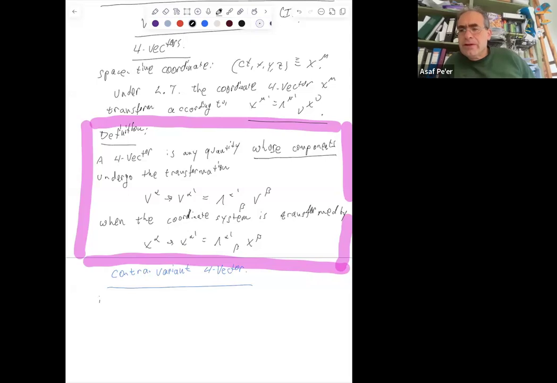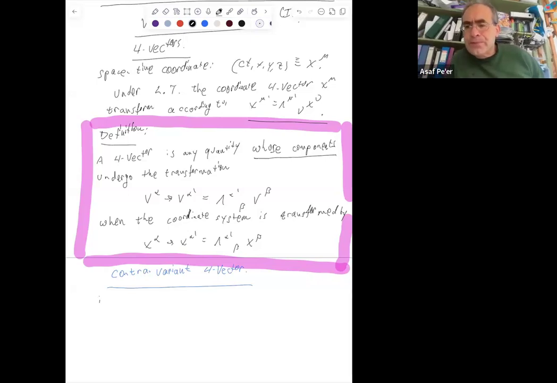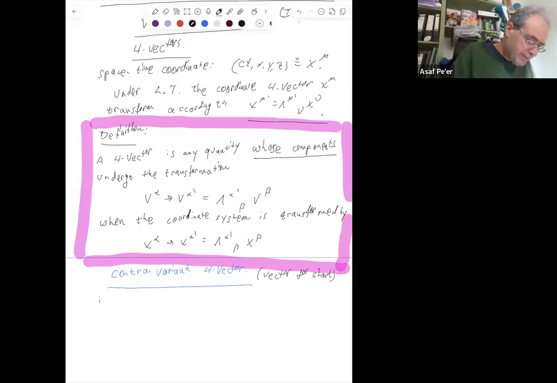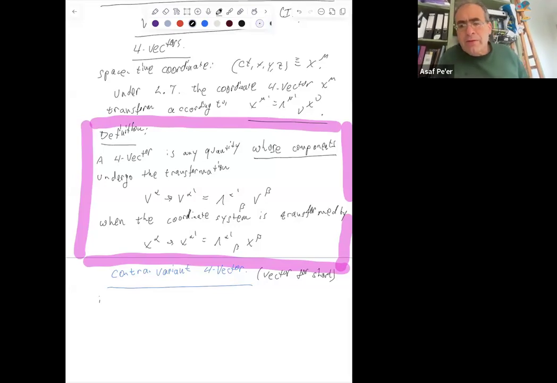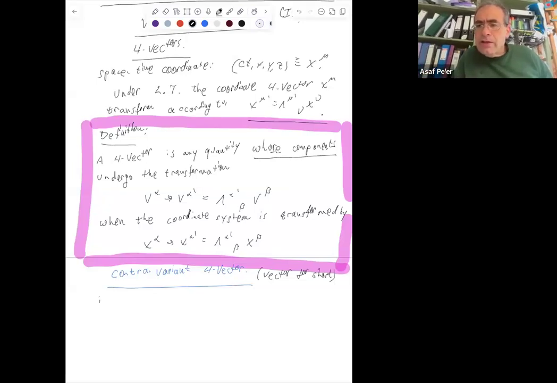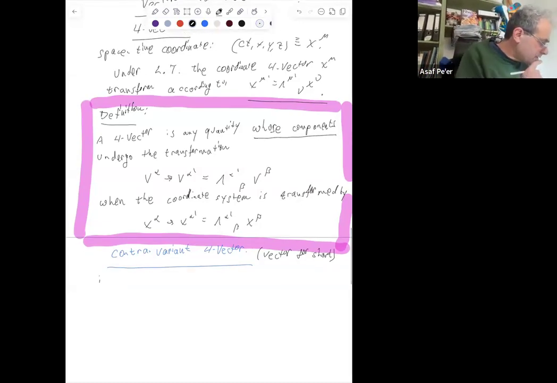This is the correct name, but the short form is simply vector. No exceptions. And it has four components, obviously.